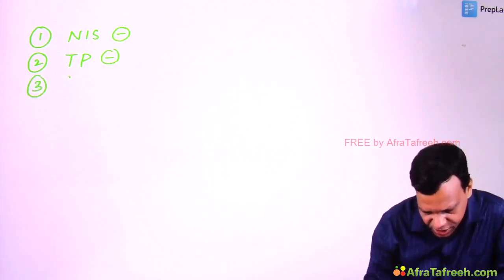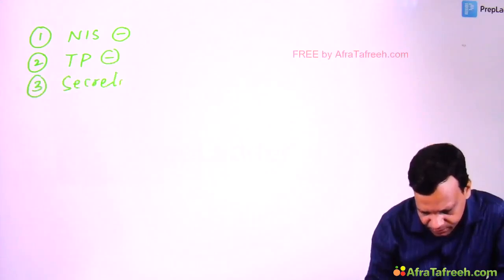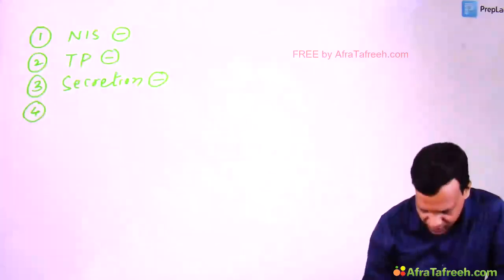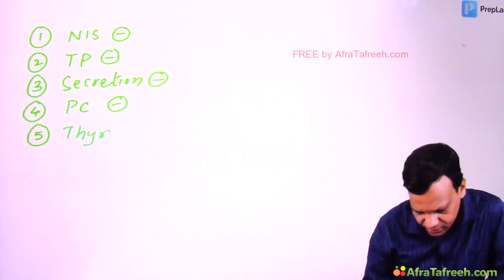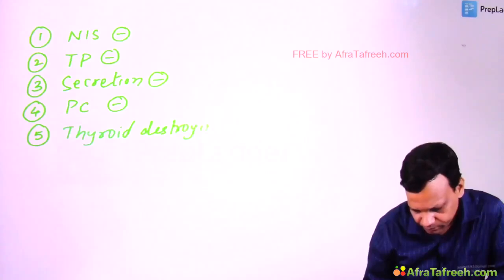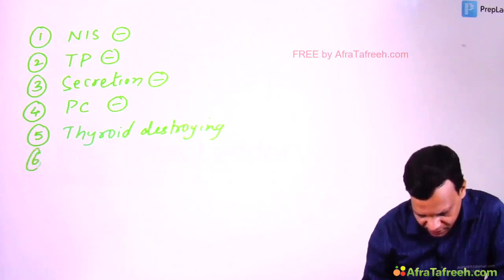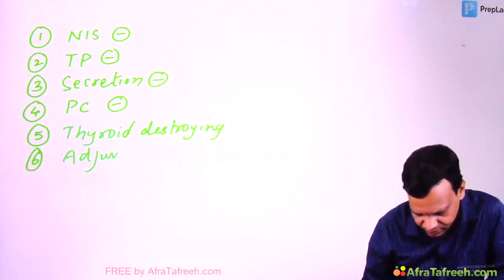Third we have secretion inhibitors. Then we have peripheral conversion inhibitors, thyroid destroying drugs, and lastly we have drugs for symptomatic control, or we can say adjuvant drugs.